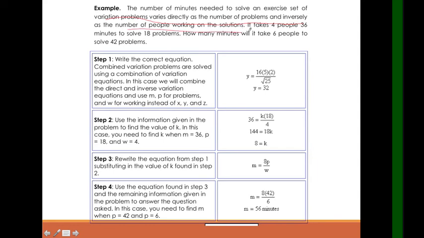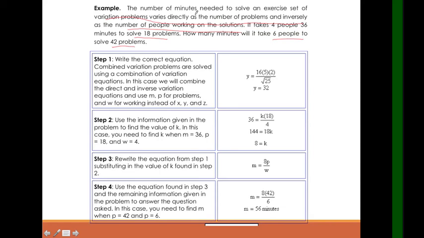Okay? So, if it takes 4 people 36 minutes to solve 18 problems, how many minutes will it take 6 people to solve 42 problems?